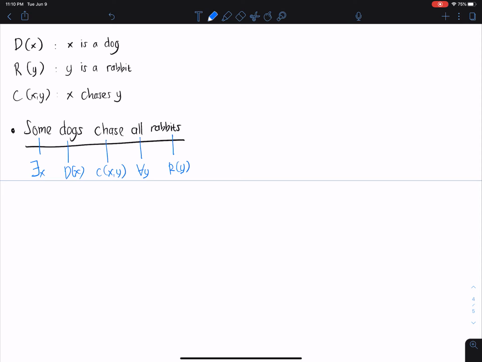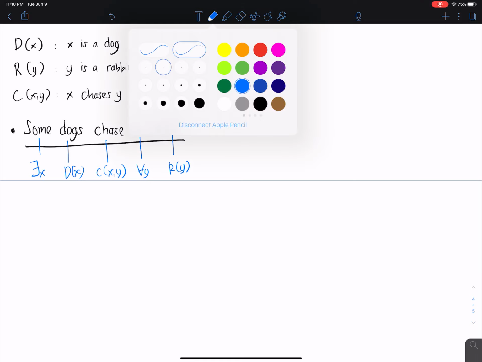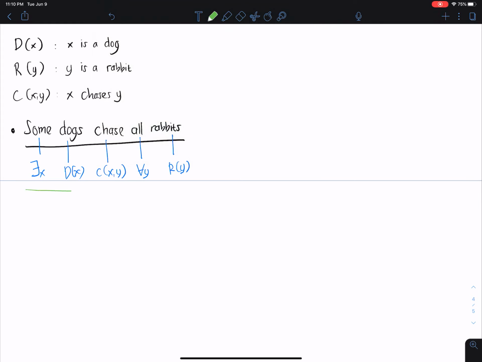But then how do we arrange this into a proper predicate logic expression? If we just look at it this way, it is a little bit confusing, especially because if we are looking at the statement only, we are not sure where the logical connectives will be.